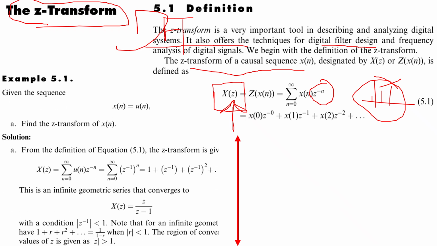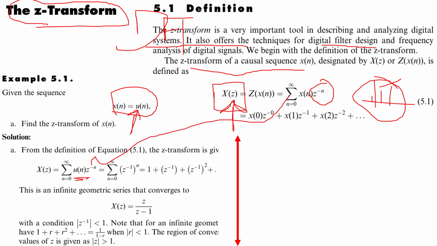As for example, x of n is u of n. What will be the Z transform of this u of n? Our objective is to find the Z transform of u of n. So how will we do that? The same formula we are going to use here.